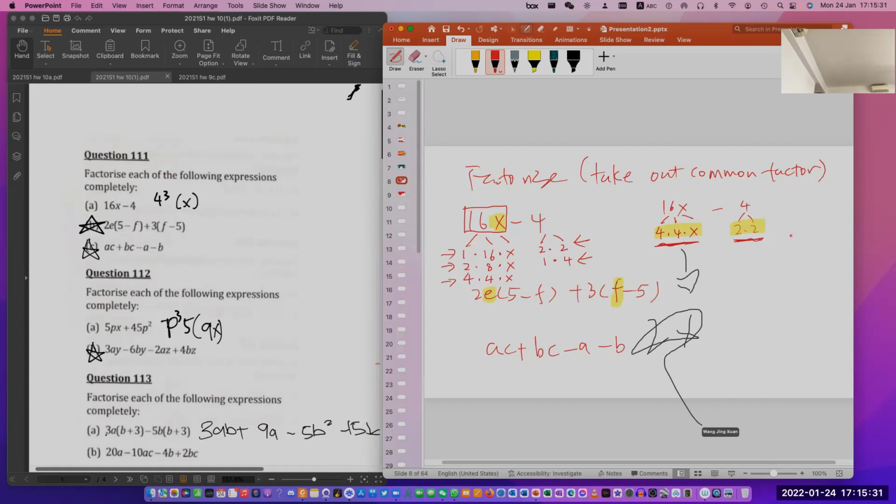If you want to simplify it further, then you might as well take the 2 times 8 times x. With this, at least I see a common. Which one is common? You see a 2 is common.